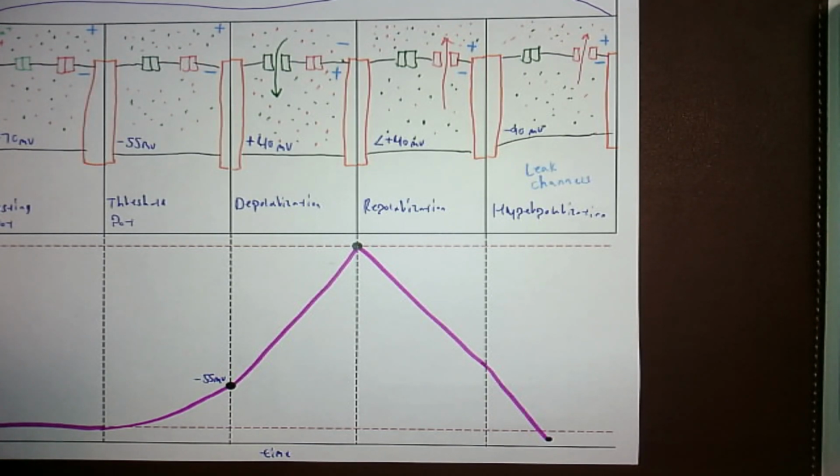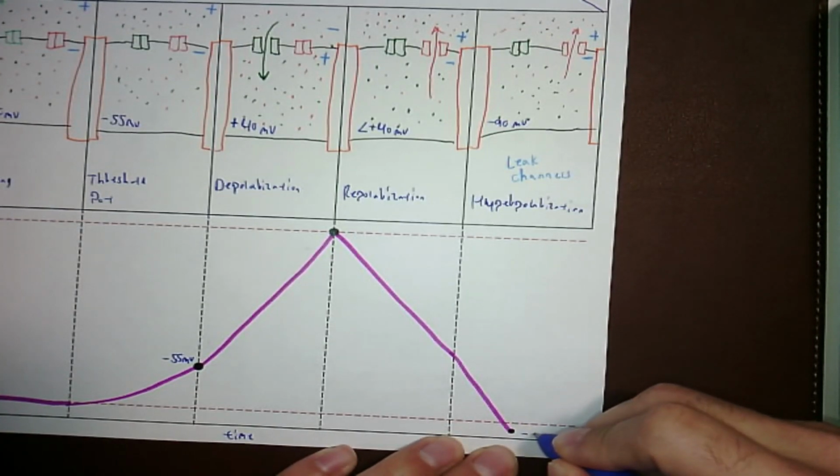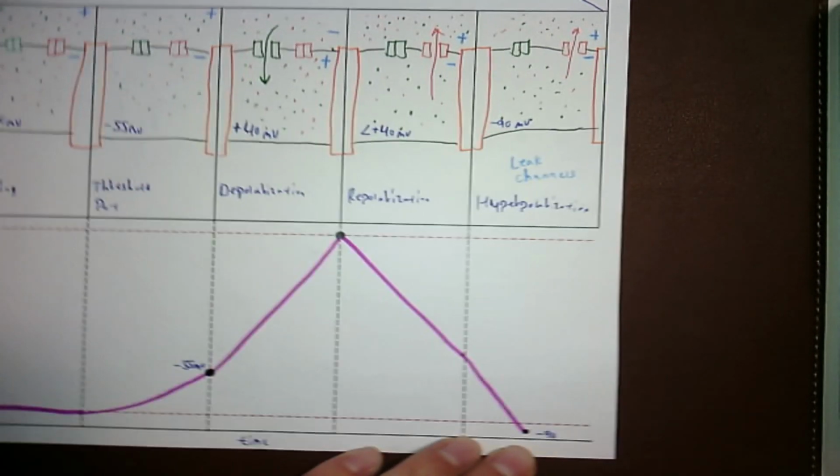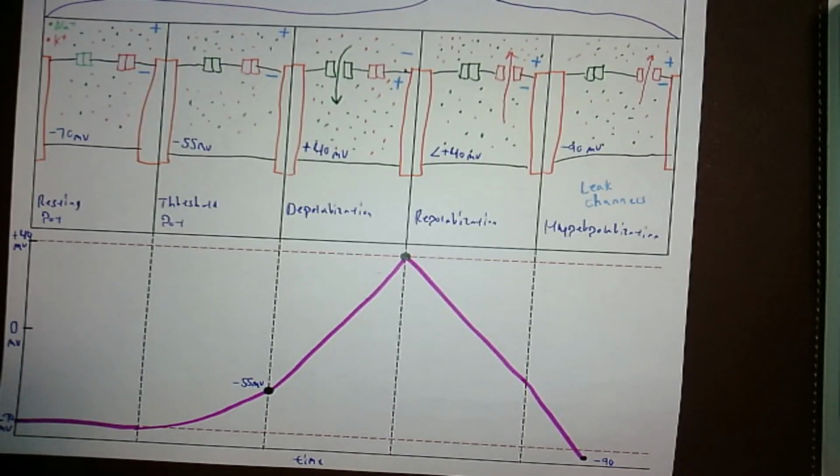But there's an issue, right? We're at this, we'll call this negative 90 millivolts. So the issue is, and for you to discover: how do we go from negative 90 back up to resting?